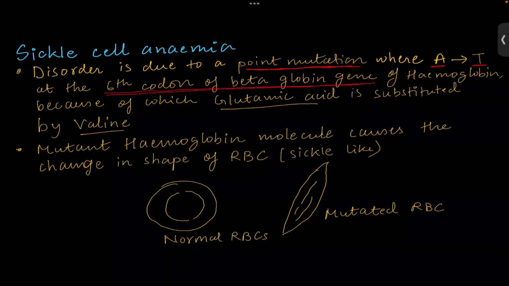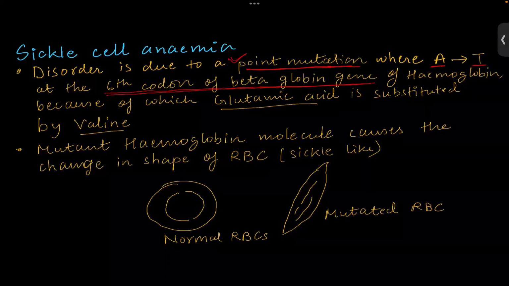Beta globin is one of the polypeptide chains which make the hemoglobin molecule. In the hemoglobin molecule, there are 4 globin chains, 2 beta chains and 2 alpha chains. So one of the beta chains carries this point mutation.